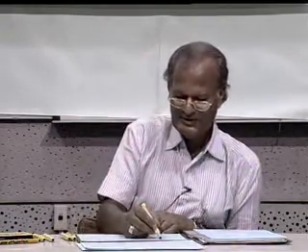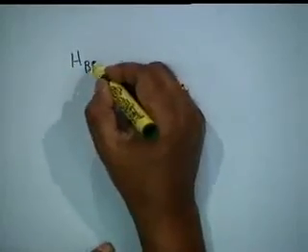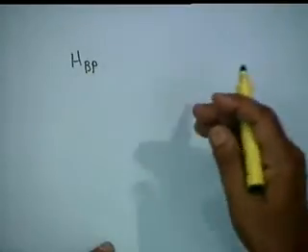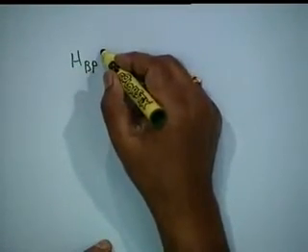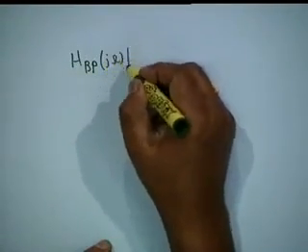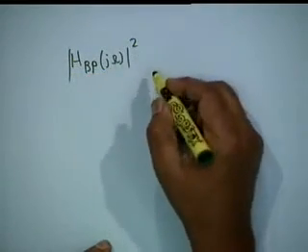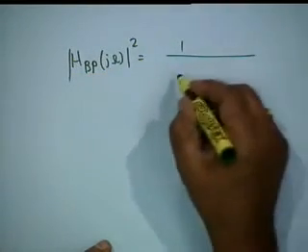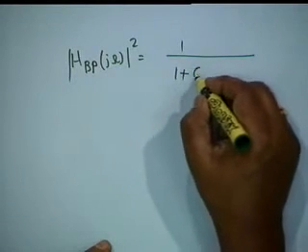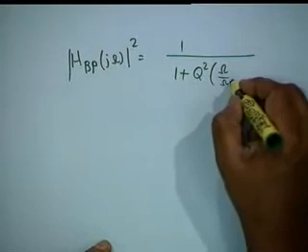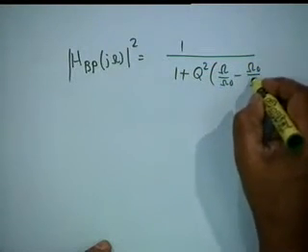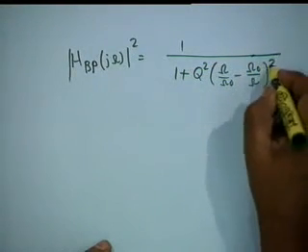That is the Q. So my expression now simplifies to, I am going back and forth between omega 0, Q and B, so that these three terms' relationship gets imprinted in your mind. So I get magnitude of H BP j omega squared can be written as 1 by 1 plus Q squared (omega by omega 0 minus omega 0 by omega) whole squared.